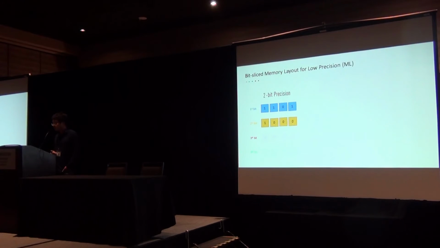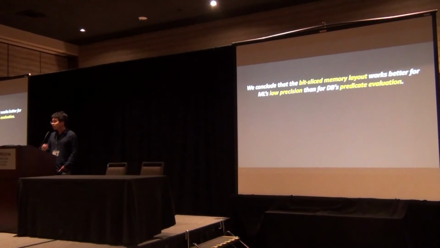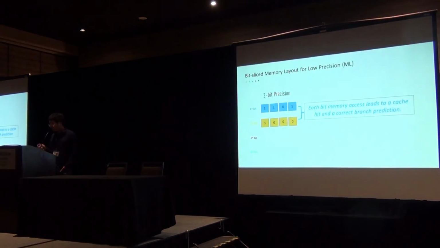Now I will show the cost for low precision on the bit serial memory layout. For 2-bit precision, each access will be a cache hit and also a correct branch prediction. This is the fundamental reason why I want to say that the bit serial memory layout is better for machine learning low precision, not for predicates.